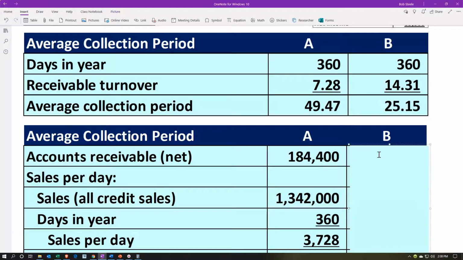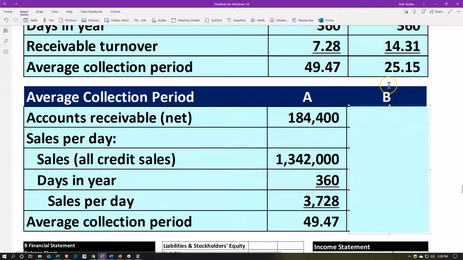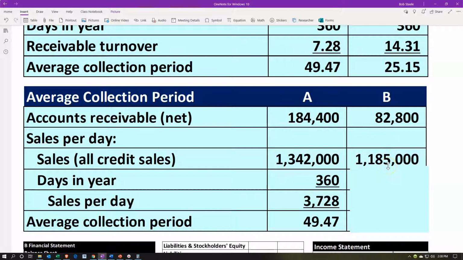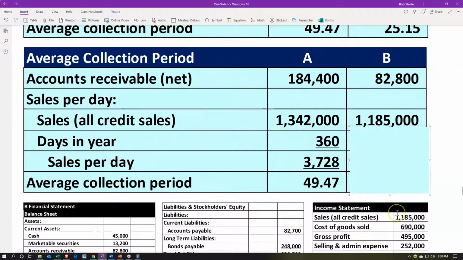You can also do this same calculation, get to that same bottom line number, days of receivable outstanding on average, by taking the receivables and dividing them by the sales per day, which can be calculated as the sales. If we take the sales number top line, assuming these are all credit sales, divided by the number of days, 360. You could put 365 here. 360 is estimating 12 months at an average of 30 days.